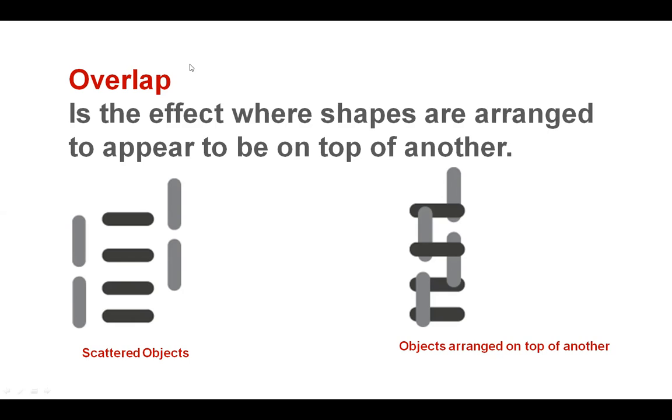And then when you apply the overlap effect, you are going to bring the shapes together, and you will find that one shape is overlapping the other. And at the end of it all, it will appear as if one shape is on top of another. Are we together? Yes.